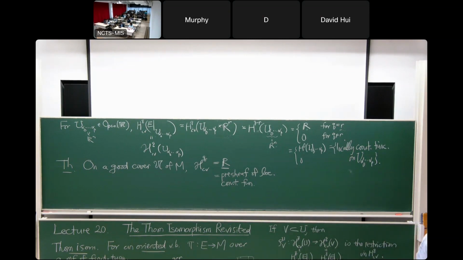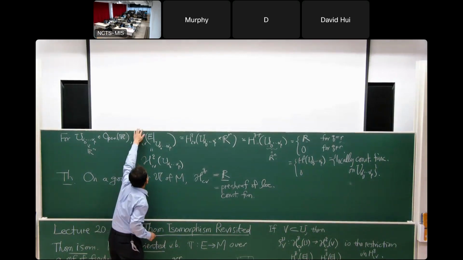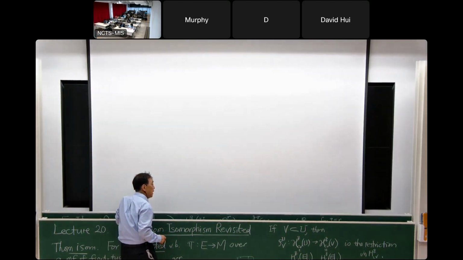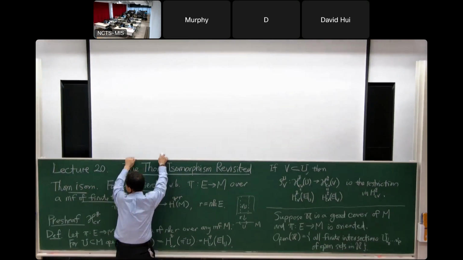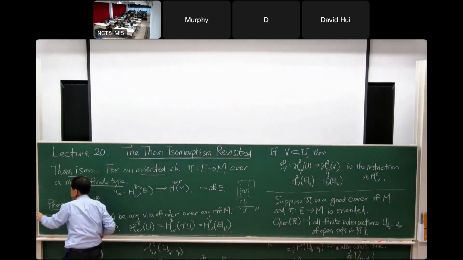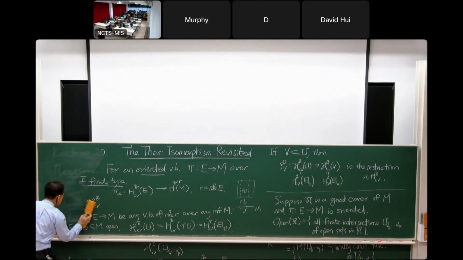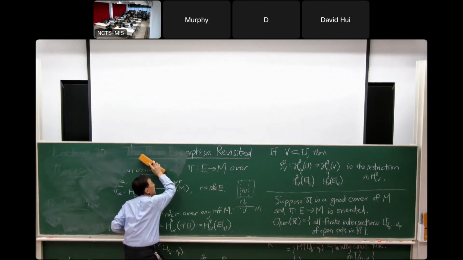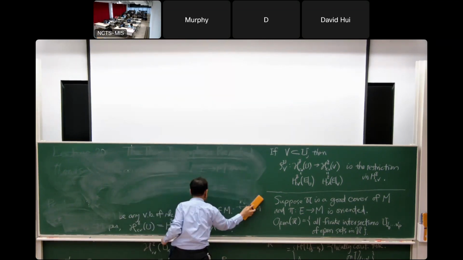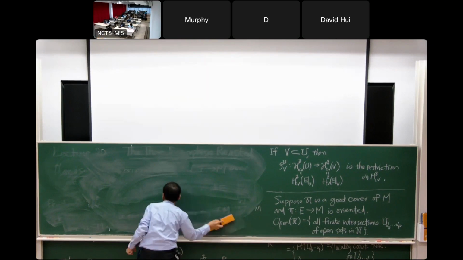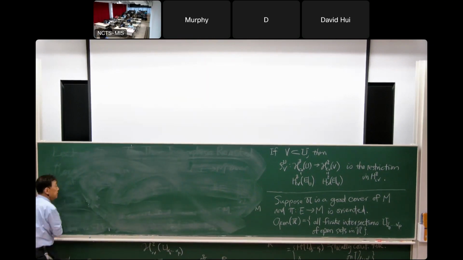And for compact support, we had a Mayer-Vietoris sequence for two open sets. But again, you can generalize it to infinitely many open sets. So let's just write that down. All right, so what do I need?